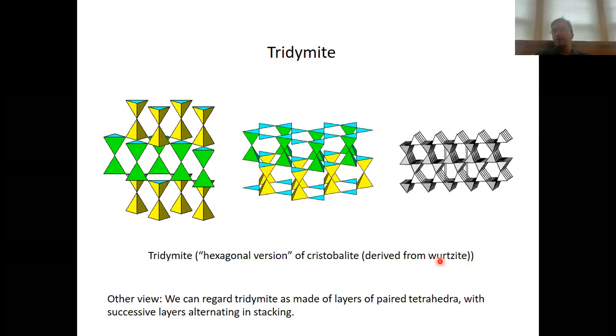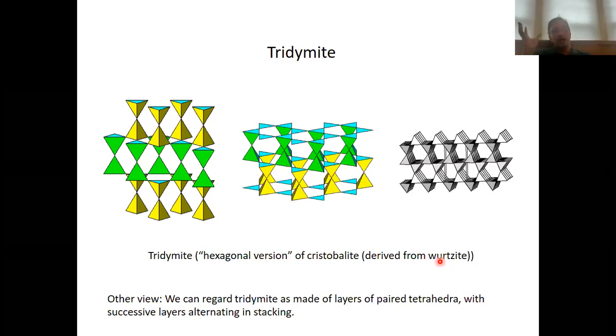So now in tridymite, we have silicon making a hexagonally close-packed structure of spheres, whereby 50% of the tetrahedral holes are filled with additional silicon atoms, and then the oxygen atoms sit in between the silicon atoms.